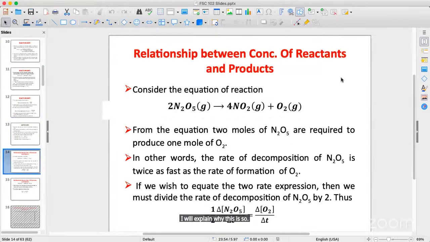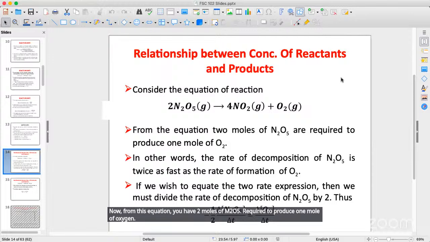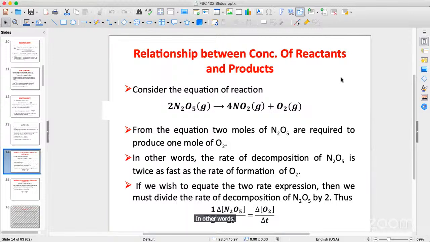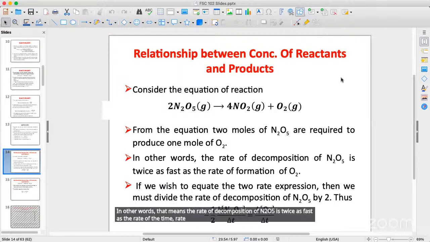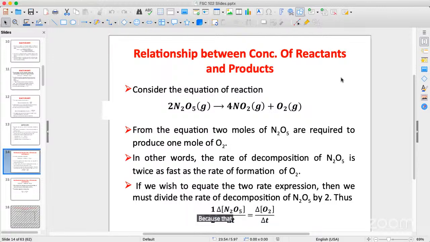From this equation, you have 2 moles of N2O5 required to produce 1 mole of oxygen. In other words, the rate of decomposition of N2O5 is twice as fast as the rate of formation of O2. Please make sure you understand this very well.